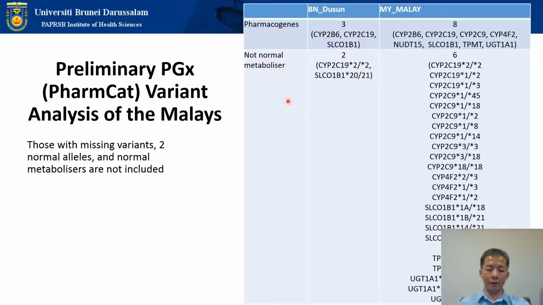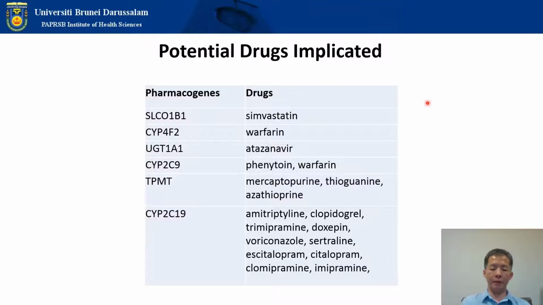You can see here some of the alleles which may be responsible for different levels of drug metabolism. Either they can cause poor metabolism or intermediate metabolism, or you might have to adjust the dosage.